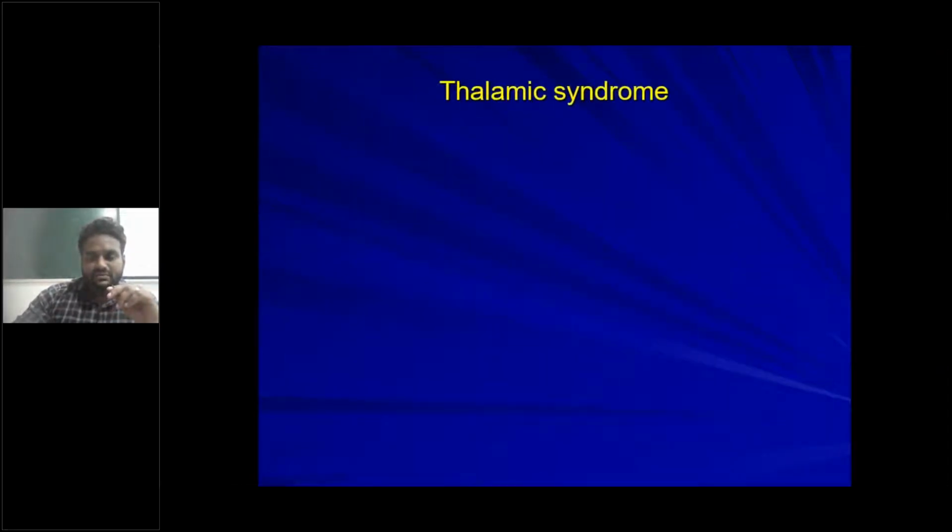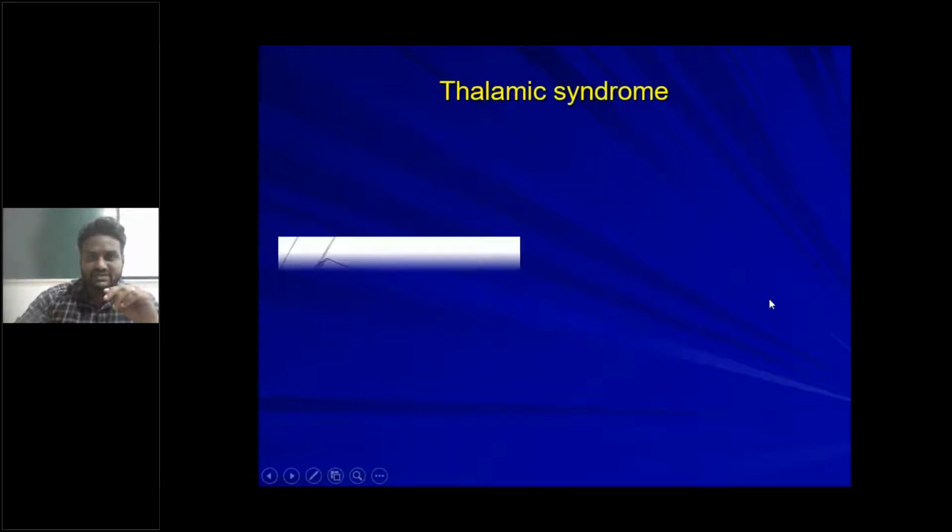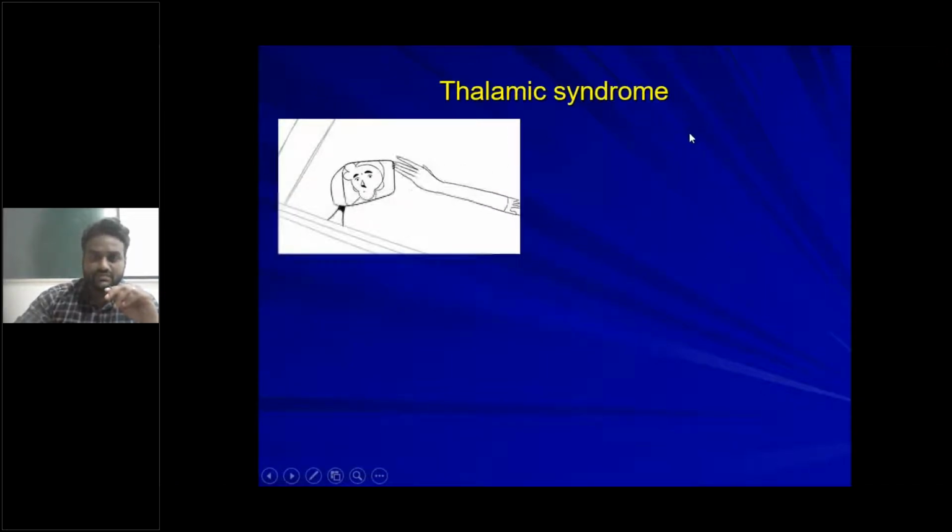Then why should you learn the thalamus, and what are the lesions and importance of the thalamus? The most uncommon syndrome related to the thalamus is the thalamic syndrome. In that syndrome, a number of clinical conditions are there, but we see the important ones.